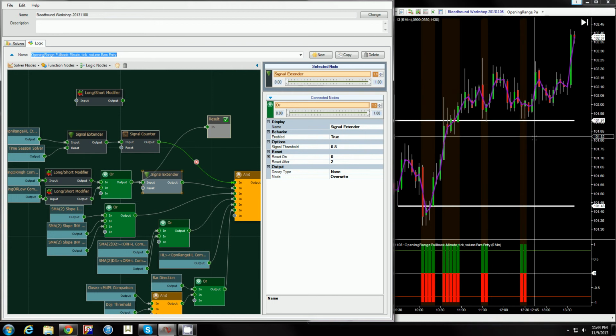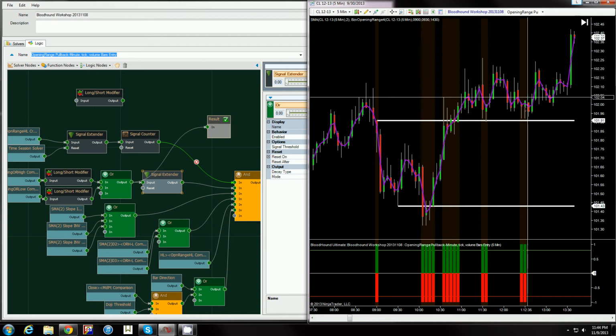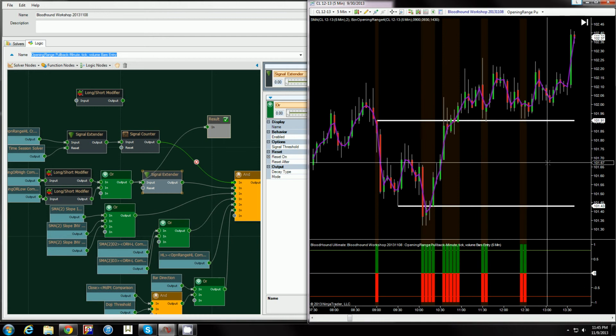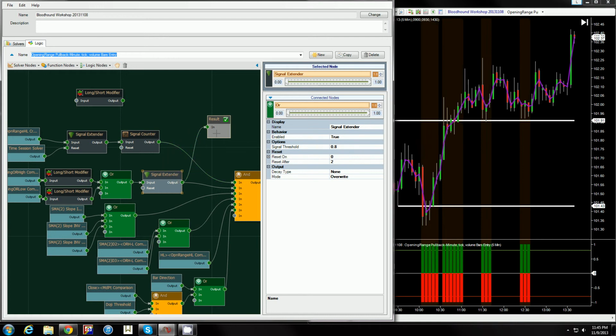A lot of times it'll be a down bar, like it is in this case right here, and then the next bar will be an up bar, but it won't be close enough to the opening range high. So we've extended it forward a couple of bars, which is really only 1 bar. It's 2 including the bar, including itself. So you can just see right there, it really only moves it forward 1 bar.